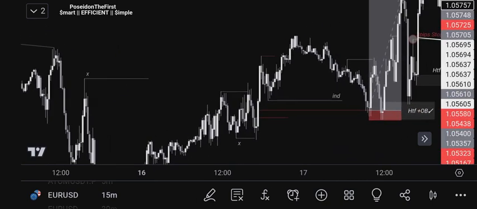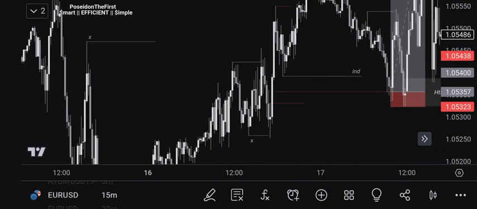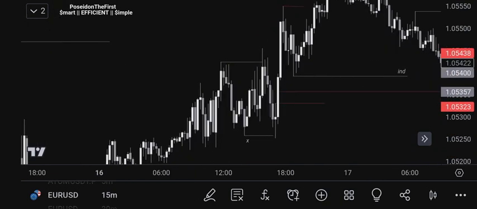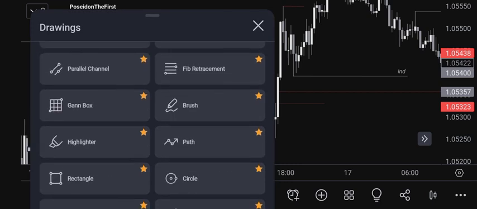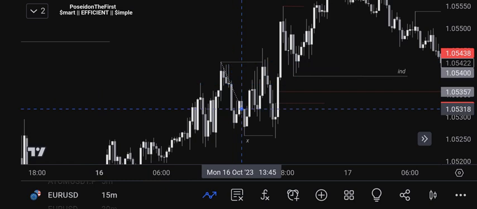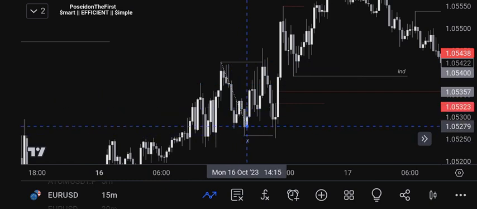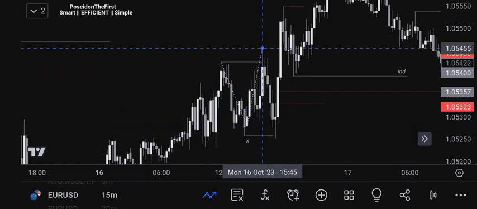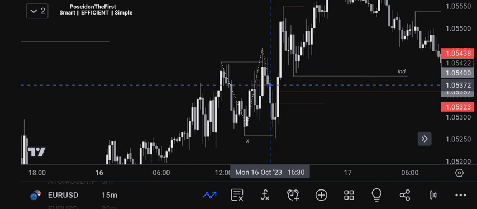So just what we have here is structure sweep and continuation, right? We have price doing this high, and then this low, and then this high. So that's like a complete swing. For continuation, we need price to probably sweep this low.